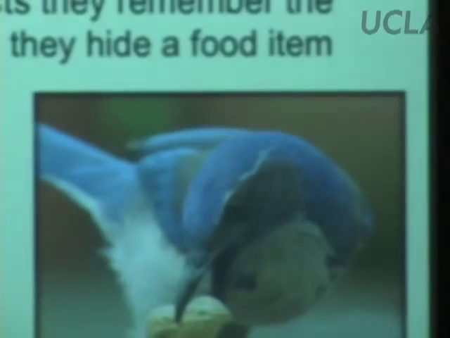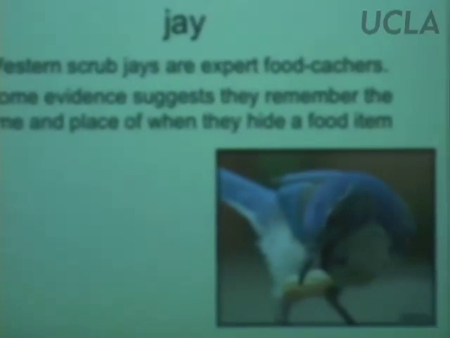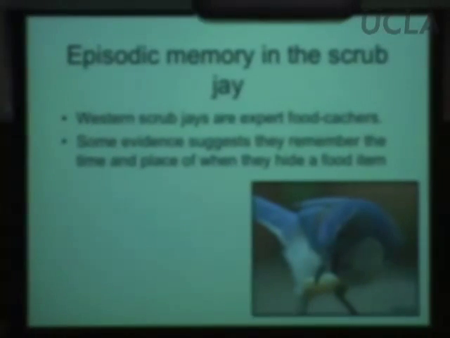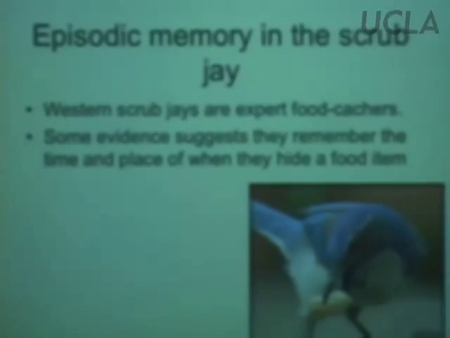So some very interesting work has been done on this using this species, the western scrub jays, which is a species of blue jay that you see in California, I think mostly northern California. Like if you go up to the Sierras, you'll see a lot of these very nice birds.